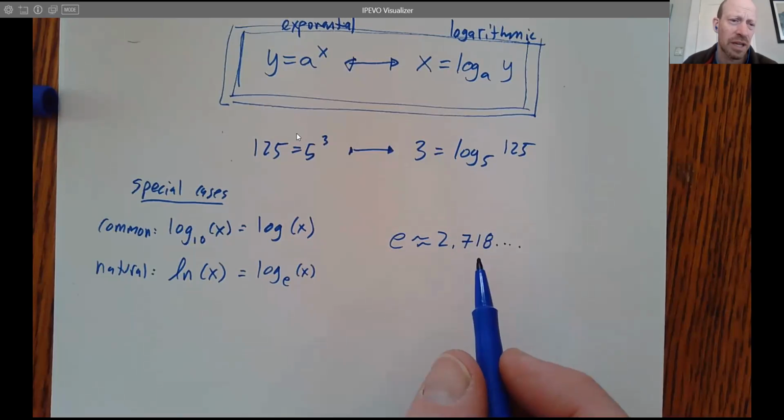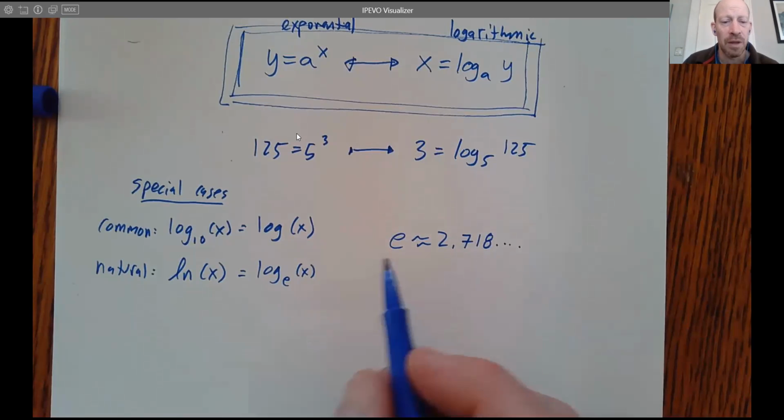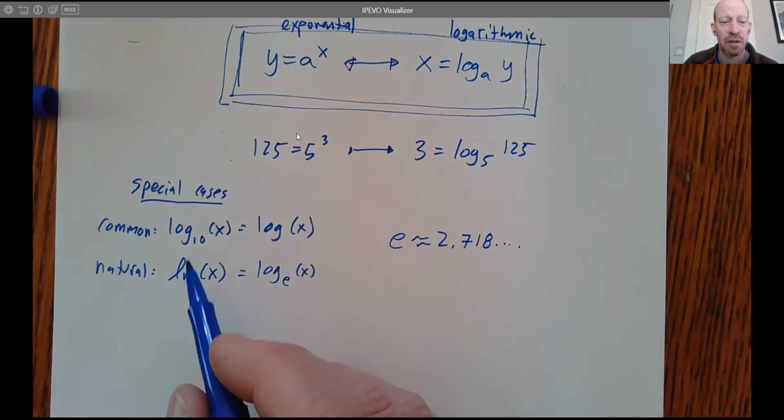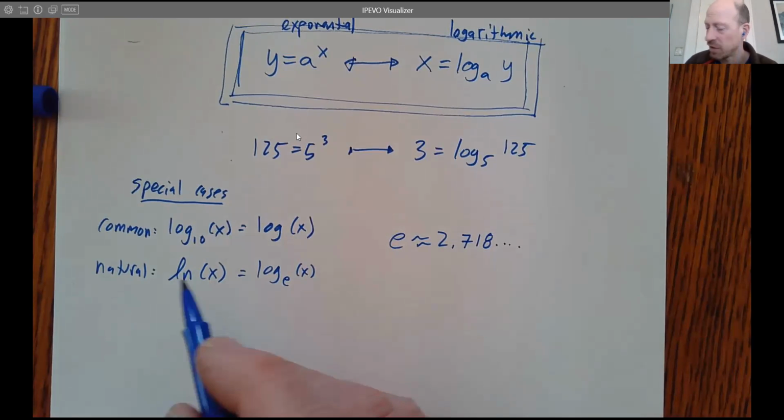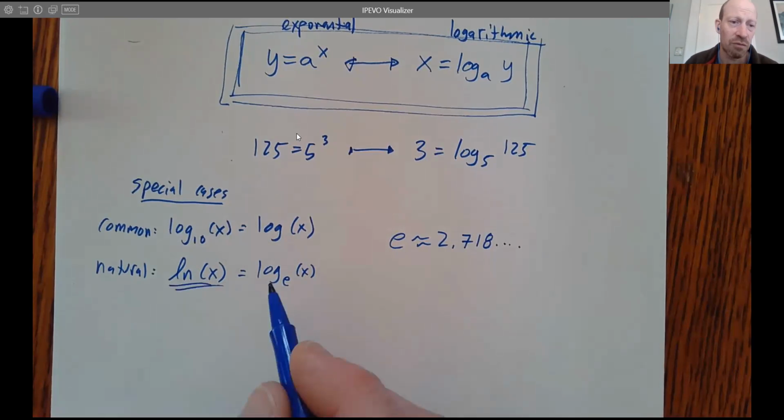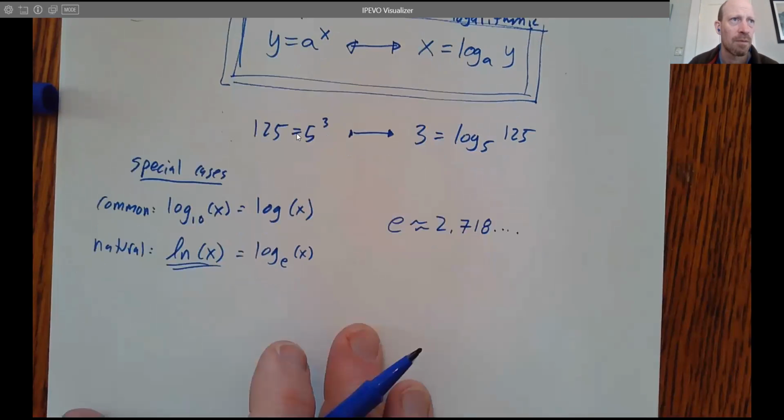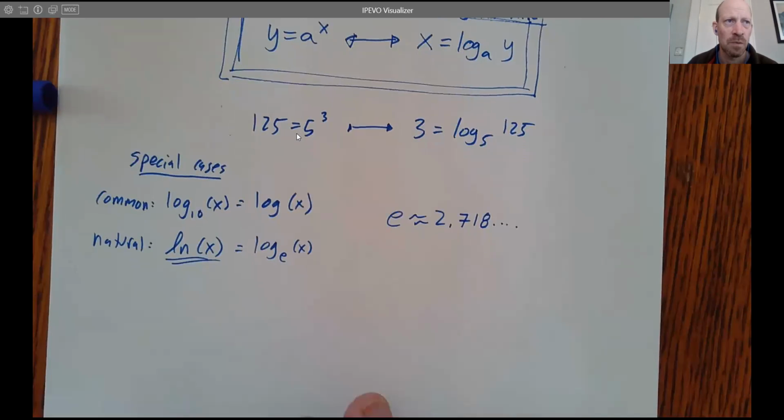So just don't think of it as anything too special. It has some great properties, but it's just a number, right? It's a number a little bit bigger than 2 and a little bit less than 3. It comes up enough, however, that we use this to write that more often than we would log base e.